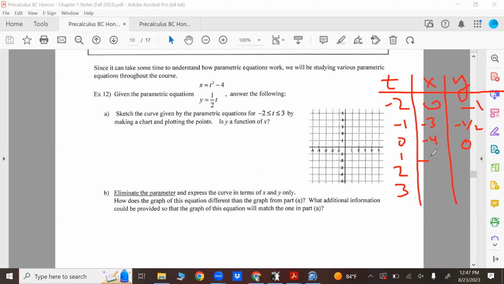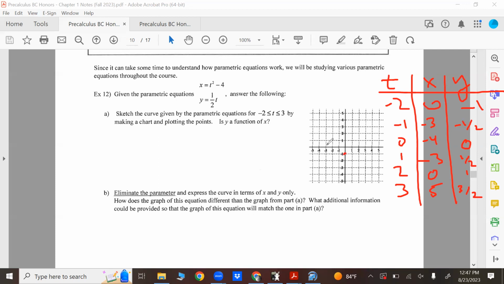For 1, you get back to -3. Actually, let's just do all the x's, get them all out of the way because it's all symmetric. And let's get all the y's out of the way. That's going to be 1/2, 1. It's linear, right? 3/2. So the first point you're going to plot is 0, -1.